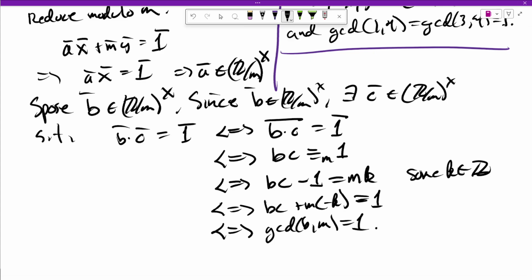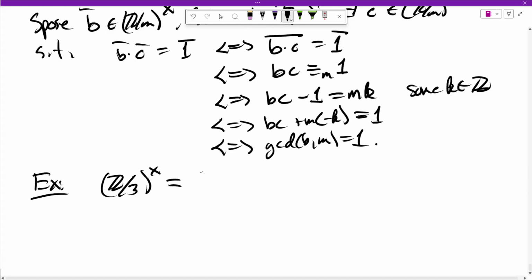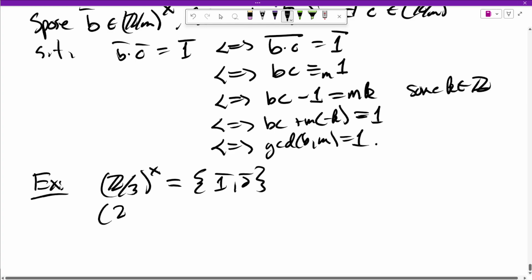So this gives us information about the units in Z mod m, and it's kind of unsurprising: they're just all the guys that are coprime to m. Another example, we can do a bunch of these now. What are our units here? In Z mod 3 it should be 1 and 2, because everything nonzero is coprime. We already did Z mod 4. Let's do Z mod 5.